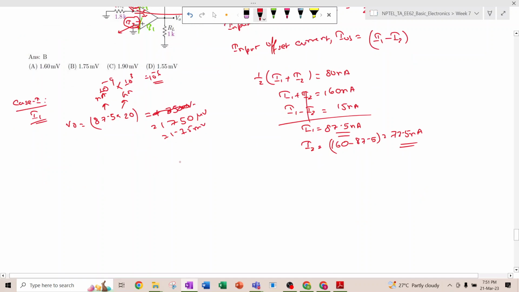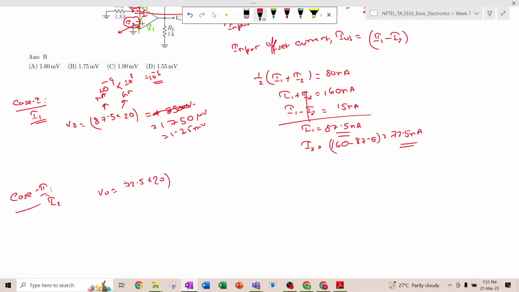And case 2 is that if we consider it as I2, then V0 is nothing but 72.5 into 20. So what is the answer? 72.5 into 20 is 1450 microvolt, that means 1.45 millivolt.